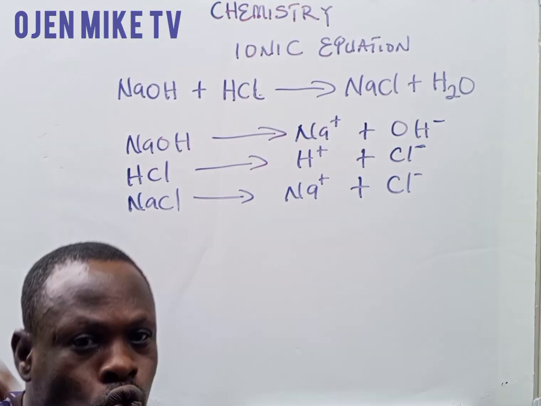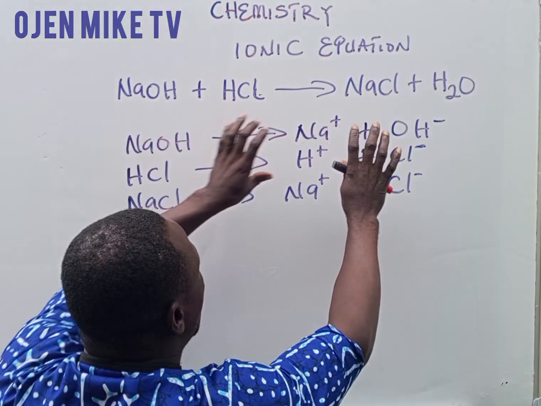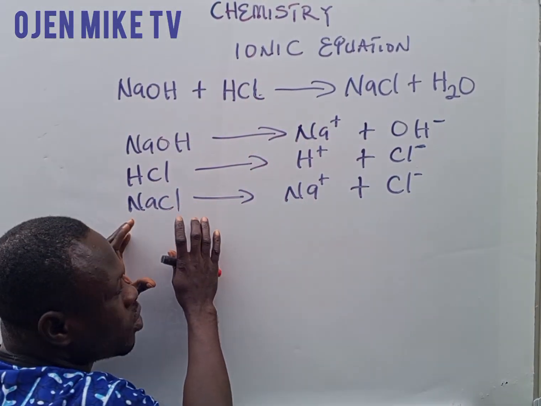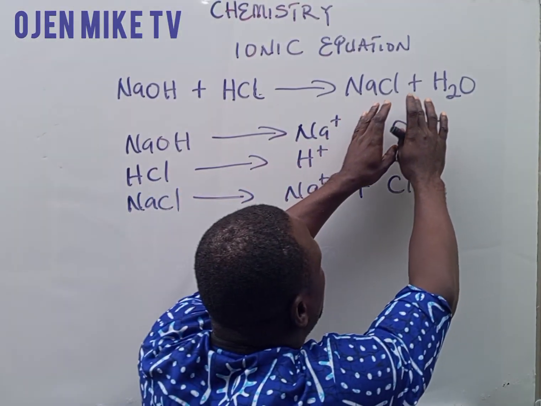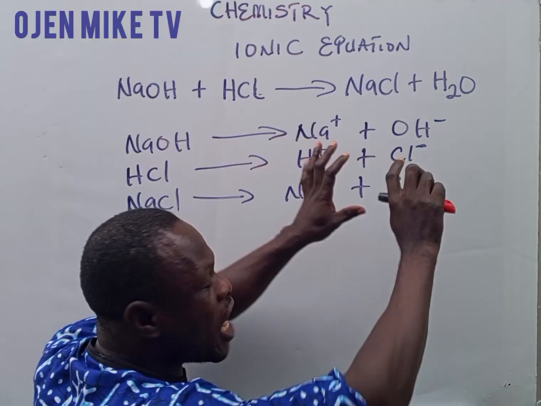Now what are we going to do next? Listen, you are going to carry the ions of the reactants and keep them on one side, and they react to give the ions of the product. So we are now going to rearrange it.